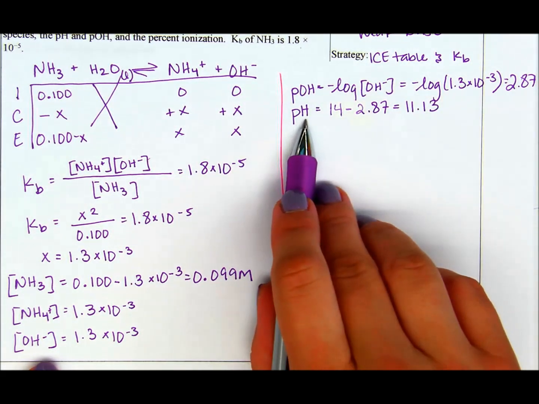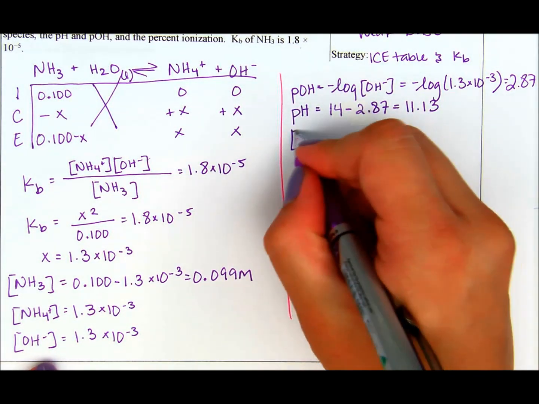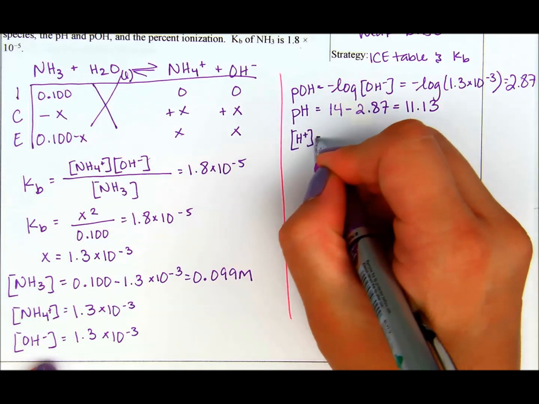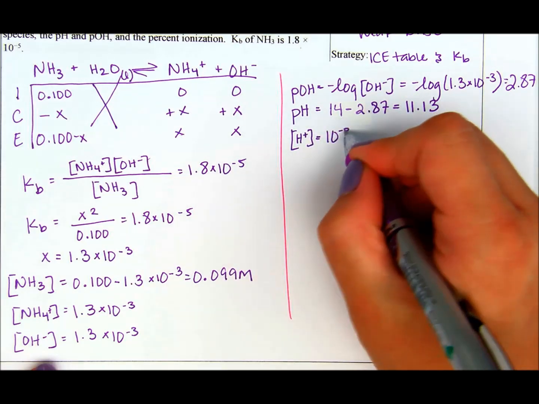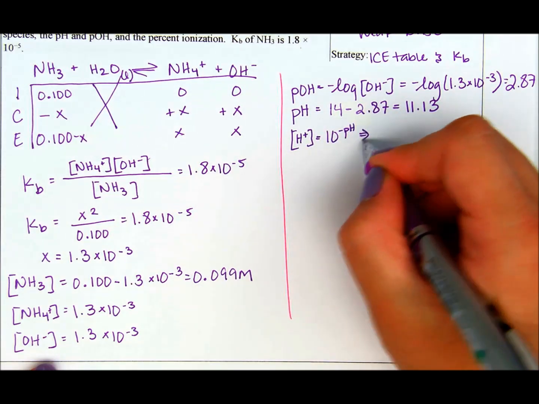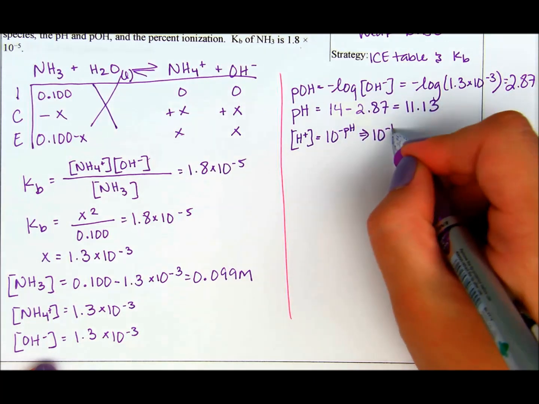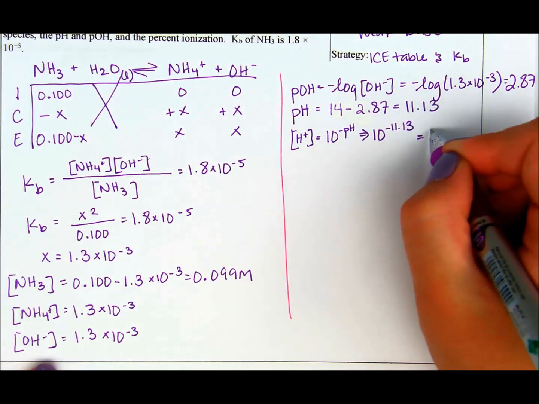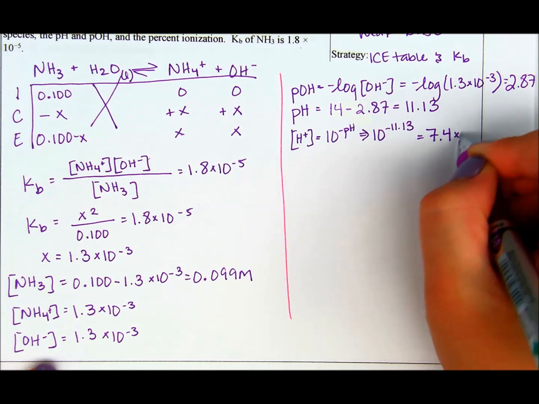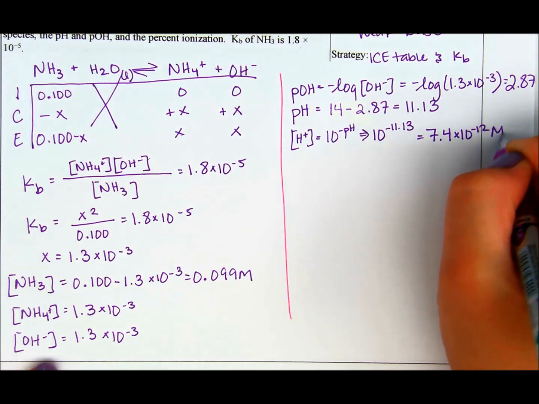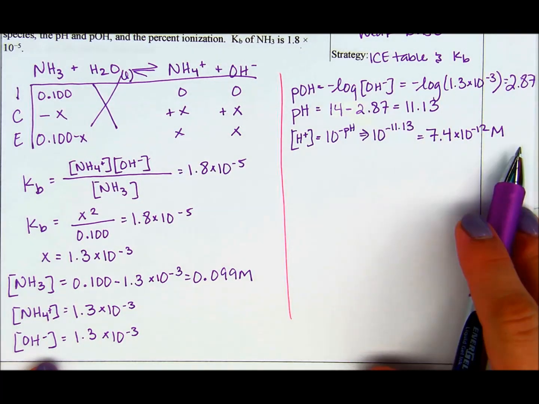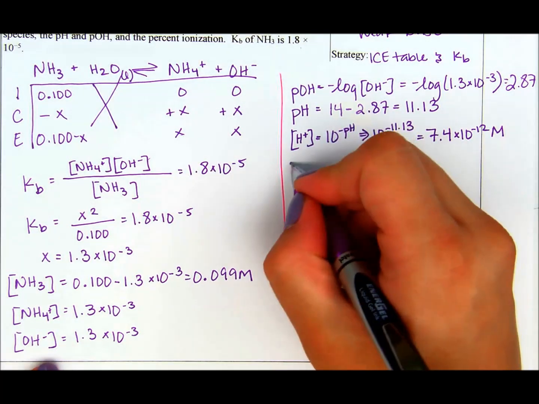So from my pH now, I can easily calculate my hydrogen ion concentration, because that equals 10 to the negative pH, which is 10 to the negative 11.13, which is 7.4 times 10 to the negative 12 molar. So not very many hydrogen ions in my solution here.